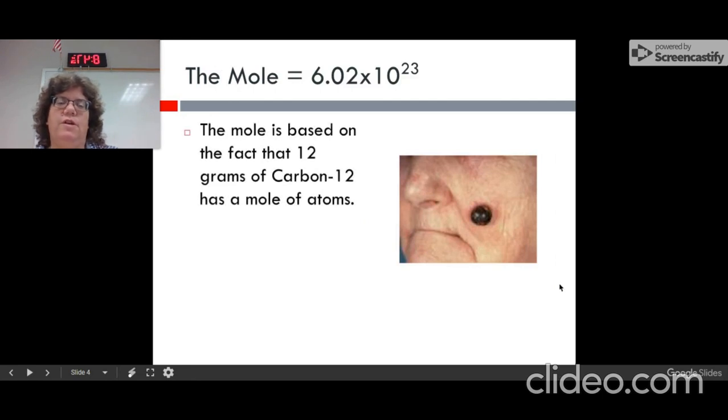Basically, a little history. The mole is based on the fact that 12 grams of carbon-12, which is a specific type of carbon, has a mole of atoms. So if you were to weigh out 12 grams of carbon, there would be 6.02 times 10 to the 23rd atoms in that sample, if you could count them out.